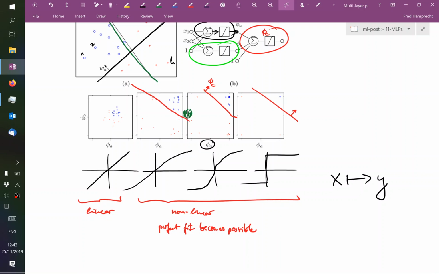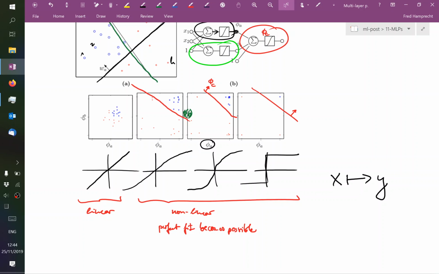If my training data is industrial size, so I have tens of thousands of annotated images, and I have very deep neural networks with millions of parameters, then a typical strategy is to first really try and overfit the data, so try and get a perfect fit to make sure that the neural network has enough capacity, sort of to learn everything by heart, just to be on the safe side capacity-wise, and to then start regularizing to make sure that you are not going to overfit at test time.